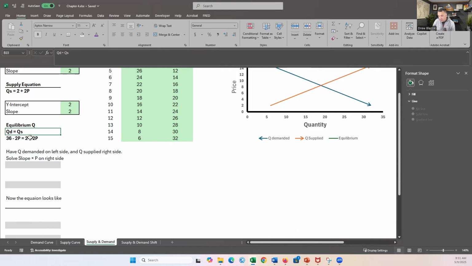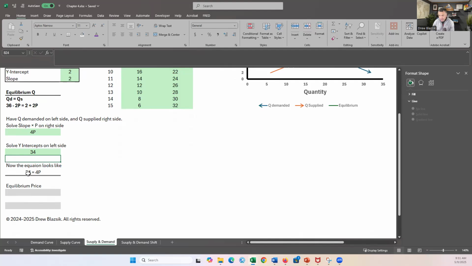And then I'm going to add 2p on both sides, and that's going to be 4p, because we have plus 2p on this side. Now our equation looks like this, right? 34 equals 4p.